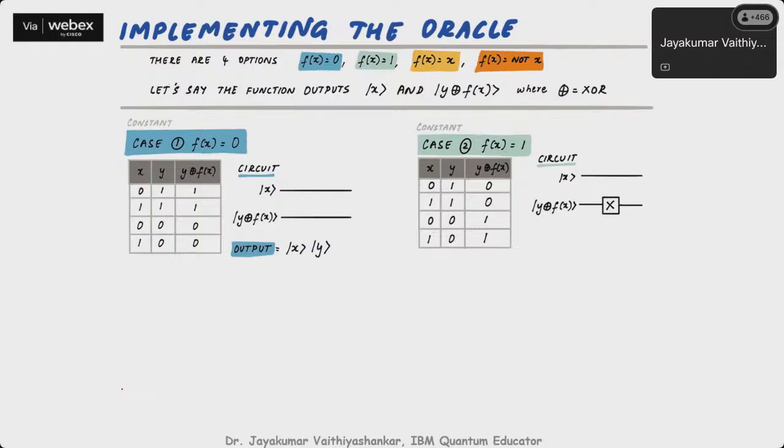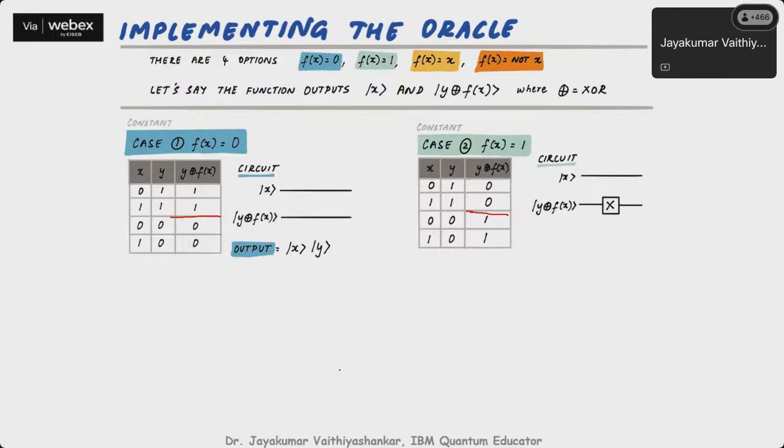Okay. So case 1 and case 2 are differentiable. You're able to see the output cases. Case 1 output and case 2 output are differentiable. So within a single glance, you're able to differentiate case 1 and case 2. Both are equal to constant function output.